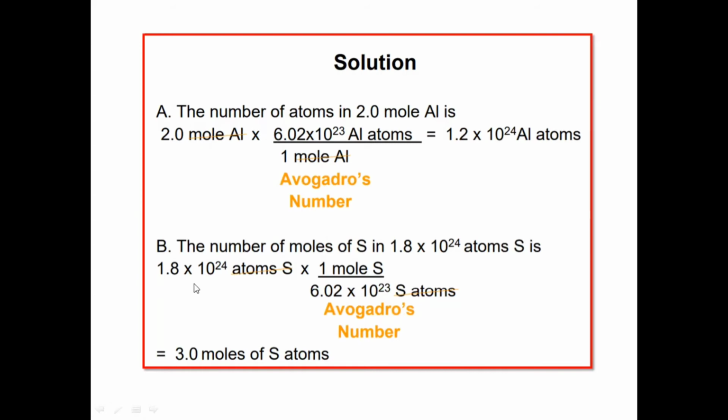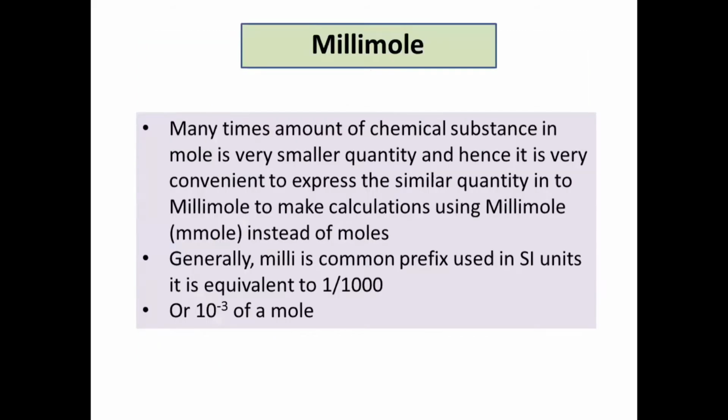Initially we will take the 1.8 into 10 raised to 24 atoms of sulfur, that will be multiplied by 1 mole of sulfur divided by 6.02 into 10 raised to 23 sulfur atoms, that is Avogadro's number. The atoms of sulfur will be cancelled here. Based on this calculation, the answer is 3.0 moles of sulfur atoms. So you can calculate the number of moles from the number of atoms.